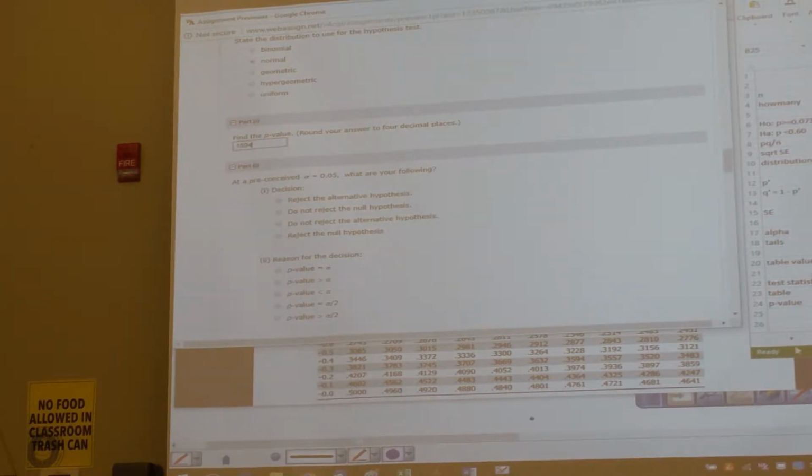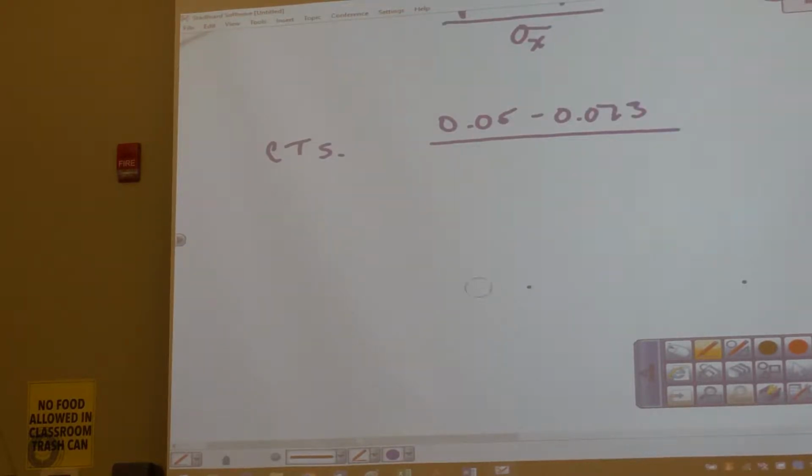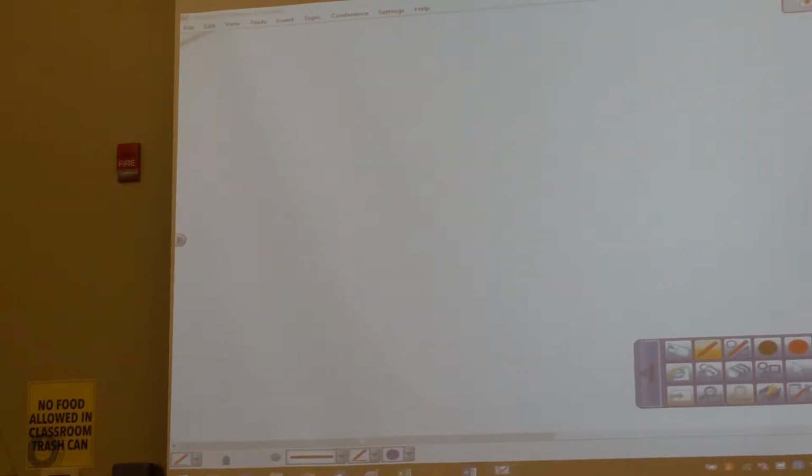So there's my p-value. But I still have to make a decision. And I make the decision in one of 2 ways. Anybody remember what 2 comparisons I do? Accept or reject. Okay. I have a calculated test statistic that I compare to what? Table alpha.